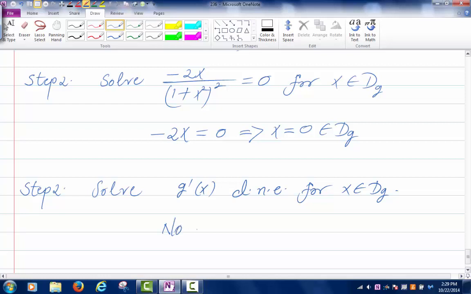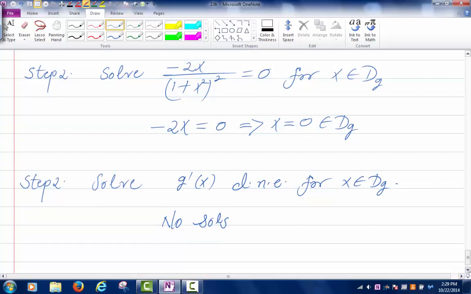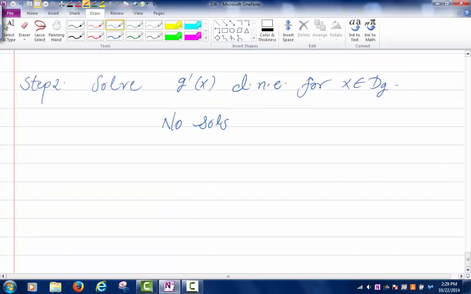The derivative is defined for any x. So the answer is the critical points are, well, there is only one. Okay? Everybody is okay with that.